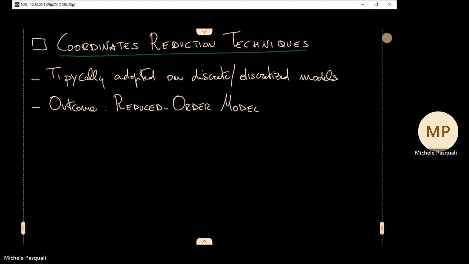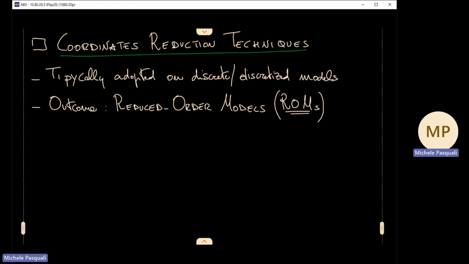Which are in fact also known as ROMs, reduced order models. Okay, but what do they actually consist in? They consist in, as you can already imagine, introducing an approximation so that we can reduce the number of the variables, in particular of the nodes for FEM models, in our model, at the cost, of course, of renouncing some information from the model that maybe we don't care of.